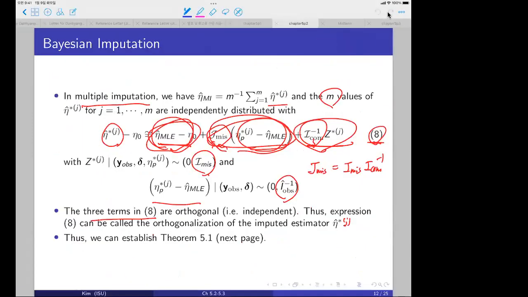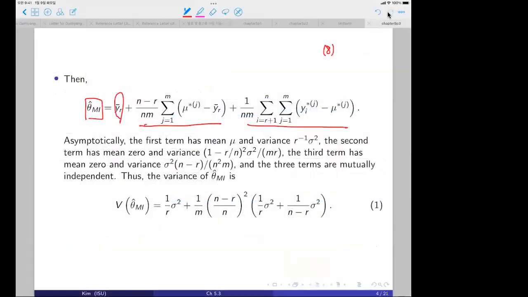Let me briefly go back to what 8 is. So we have these three terms, and we already see that these three terms are independent, orthogonal. That applies specifically to this example; we have the same structure.